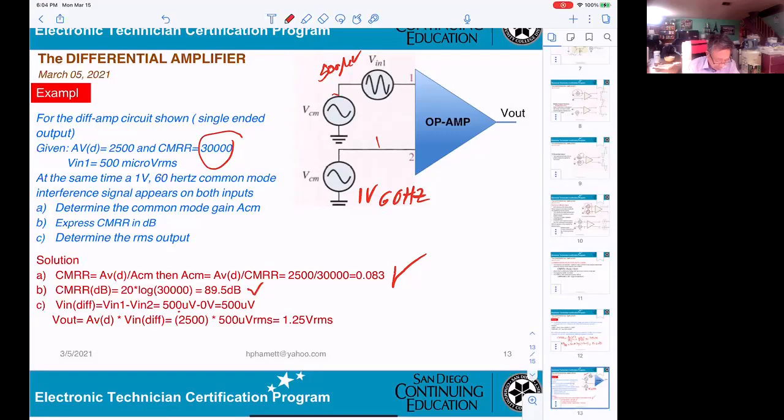And V out will be AV times V in. That means 2500 times 500 microvolts RMS, and the answer will be 1.25 V RMS.